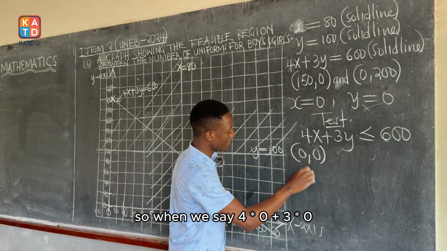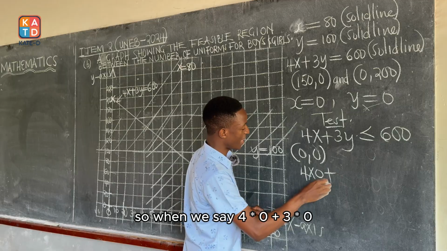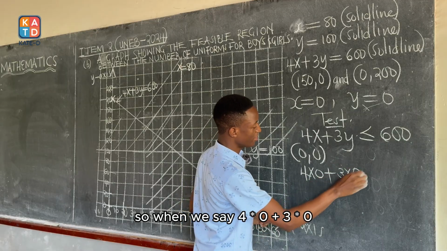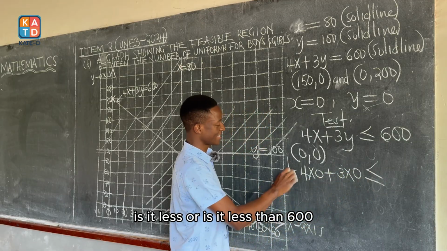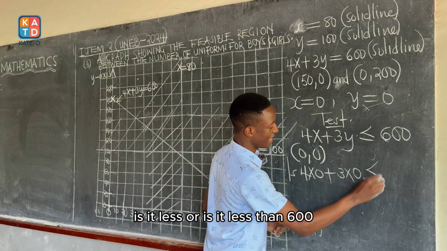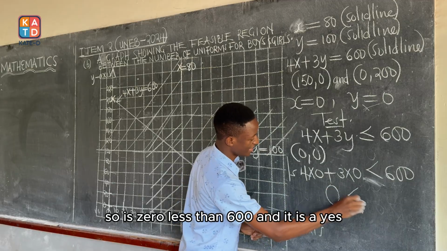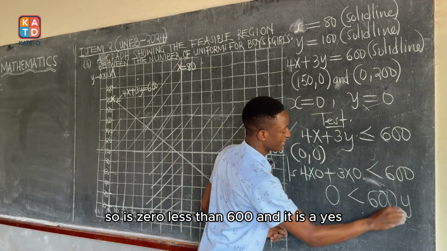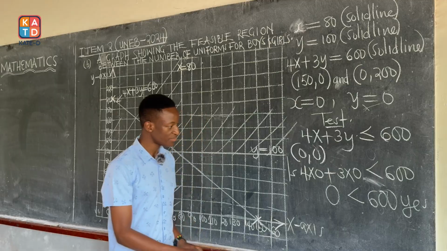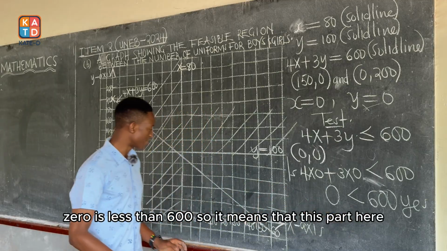So when we say 4 times 0 plus 3 times 0, is it less than 600? Is 0 less than 600? And it is a yes. 0 is less than 600.